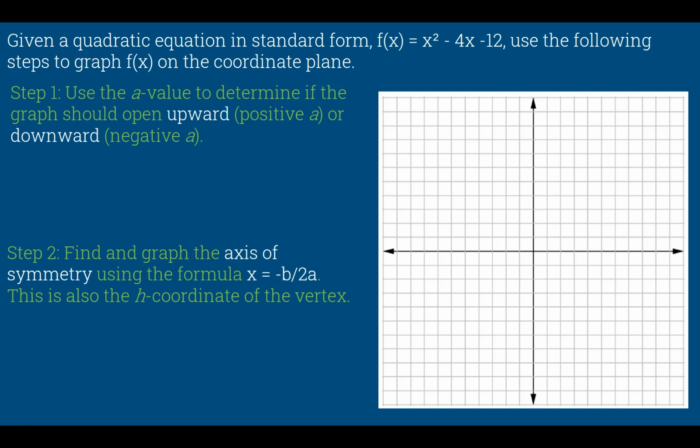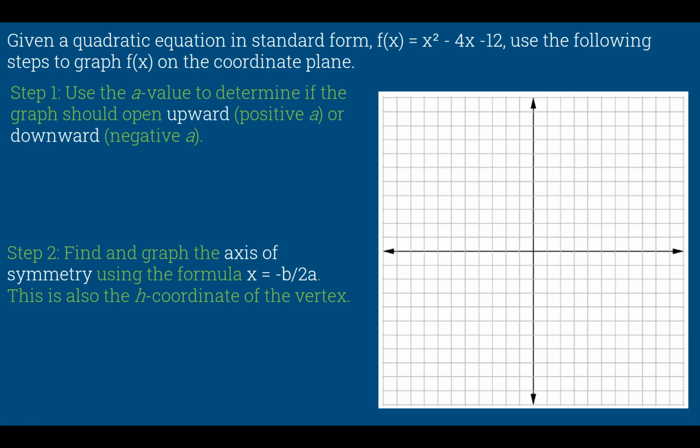Finally, in our books, page 156, they have given me the equation x squared minus 4x minus 12. Before I do anything else, I want to figure out what my a, b, and c are, because we always use them with quadratics.